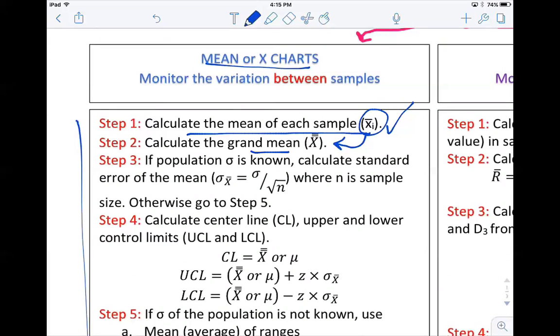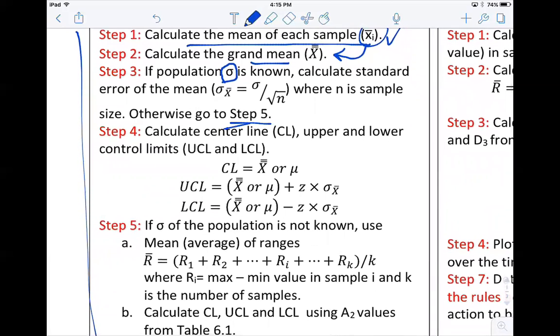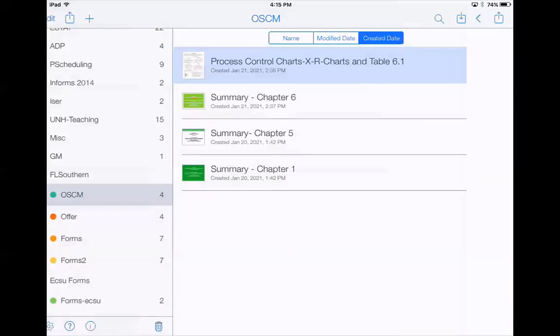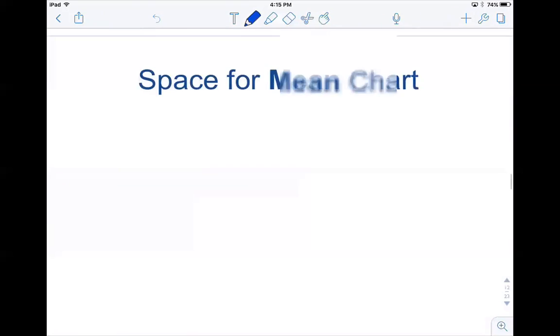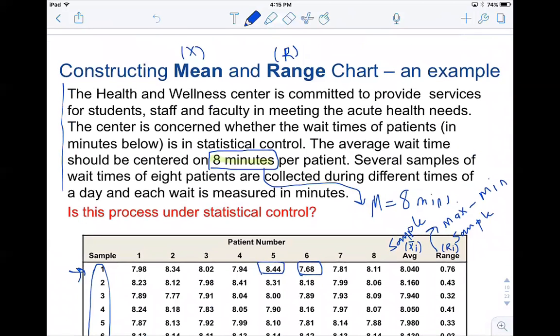In step three, depending on whether you know the population standard deviation, you follow step three and step four. If not, you go to step five. Let me show you the problem description one more time. In our case, we are not given any sigma value, so sigma is unknown.